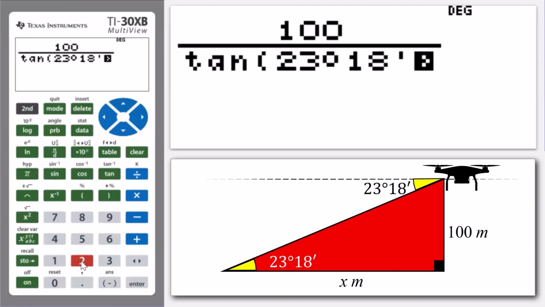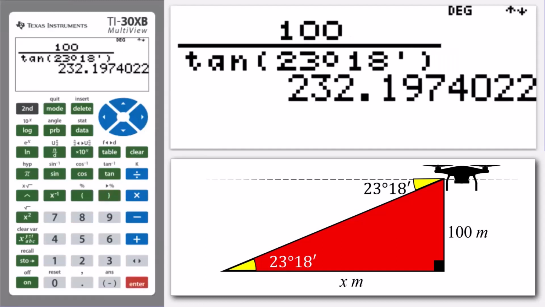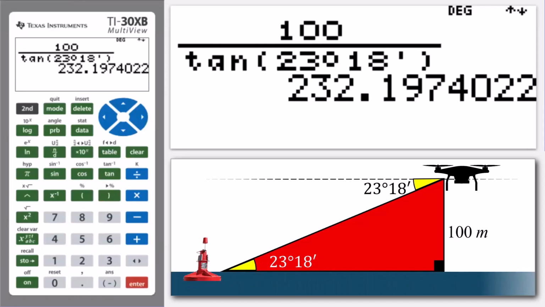So we now have tan 23 degrees 18 minutes. We now press the closing bracket key to match the opening bracket that comes with tan, and then press enter. And we get an answer of 232.197, etc. meters. And that's the horizontal distance from the drone to the buoy.